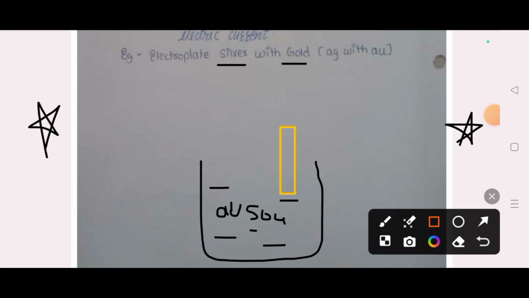This is the gold strip. You will say, okay, the electrolyte is gold, so the electrode should also be gold. Why? Because if you took both as silver, the electroplating won't be precise. That's why you have to take one more gold strip.